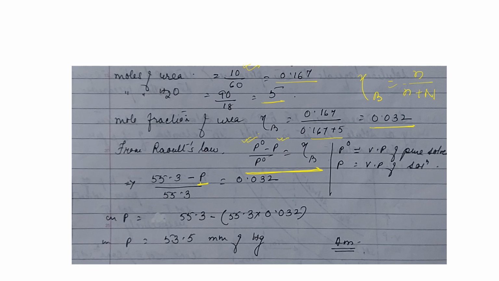So 55.3 is the vapor pressure of the pure solvent, that is the water, so (55.3 minus P) by 55.3 is equal to chi B, the value of chi B we have got, 0.032. So just put it here and find the value of P, that is coming 53.5 millimeter of mercury. This is the answer.